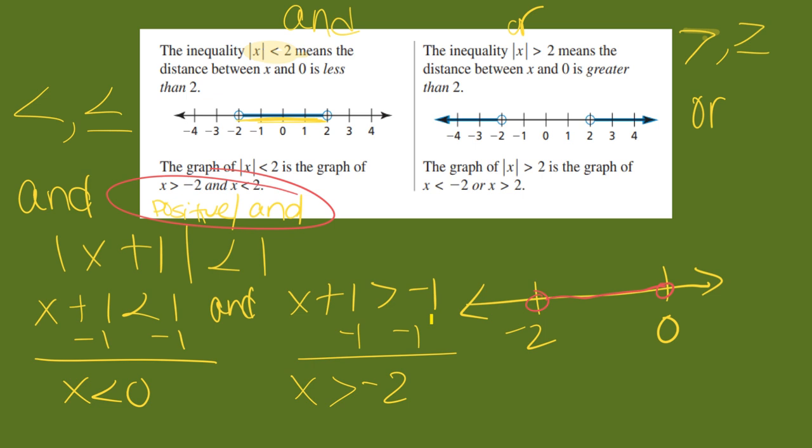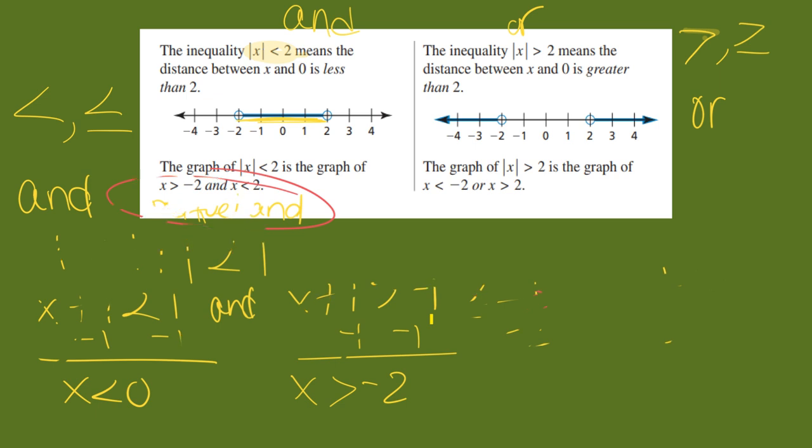But what happens, did everybody, I hope everybody wrote that because we need to. Now, what happens if my answer is negative?